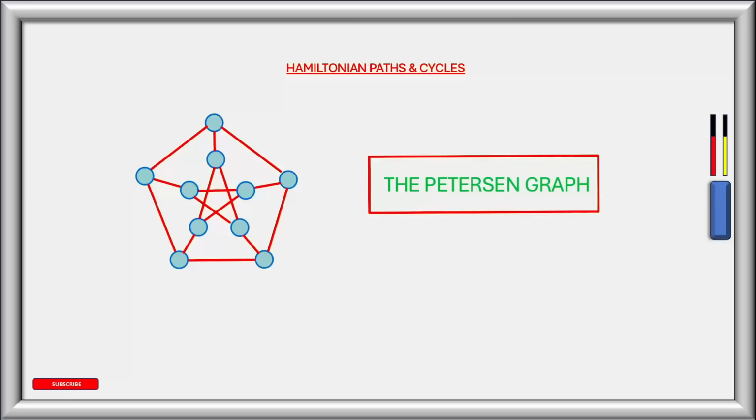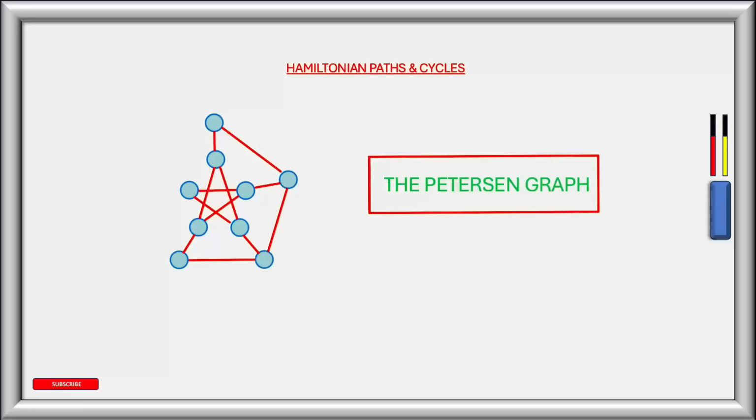The Petersen graph is the most famous hypo-Hamiltonian graph in existence. As stated in the demo, the full 10 vertex graph has no Hamiltonian cycle, and I hope you found that to be the case when you tried it yourself. If you delete any one vertex, you're left with 9 vertices. Those remaining 9 vertices will always have a Hamiltonian cycle.